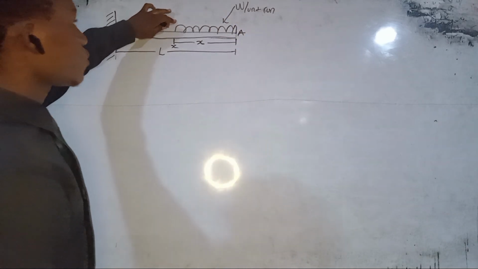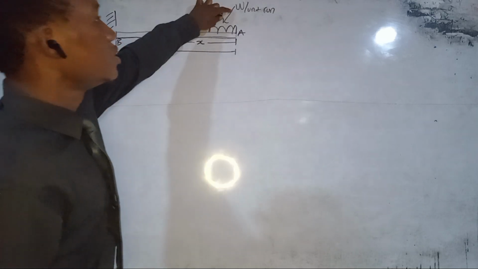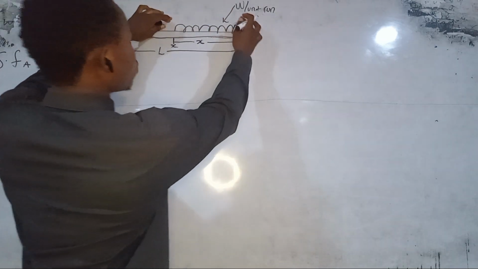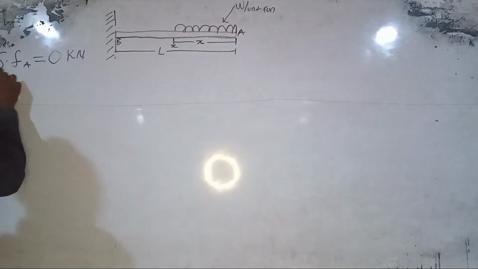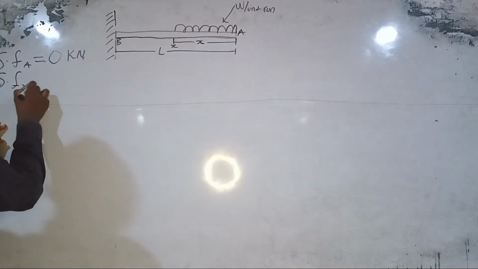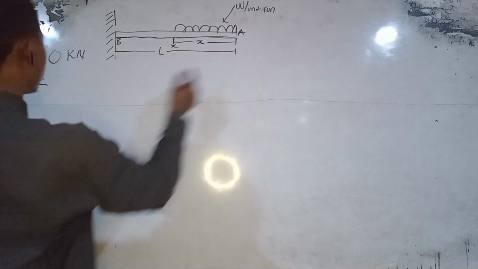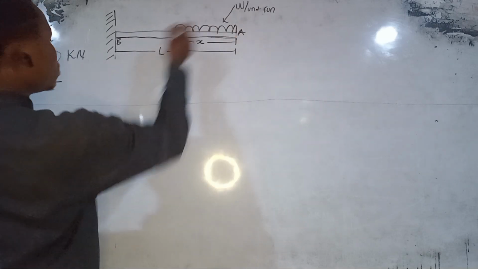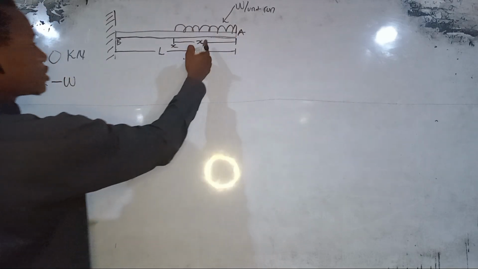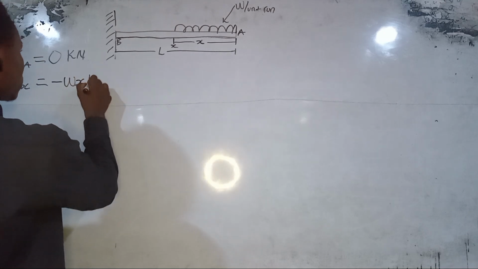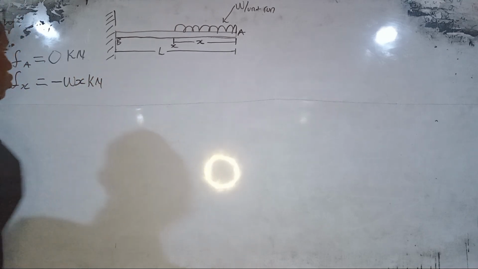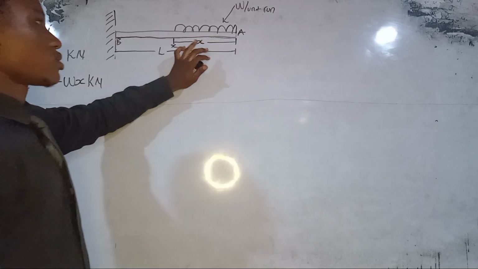Now our shearing force at X would be this load times the total span of this load, which is minus the load W times the distance X. That is minus W times X kilonewton.